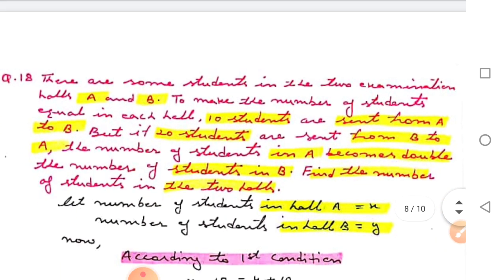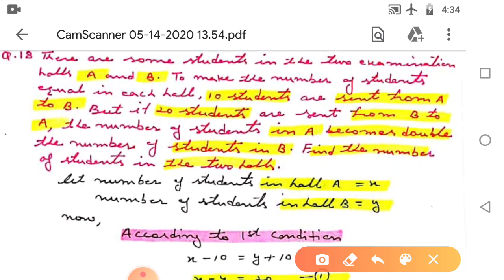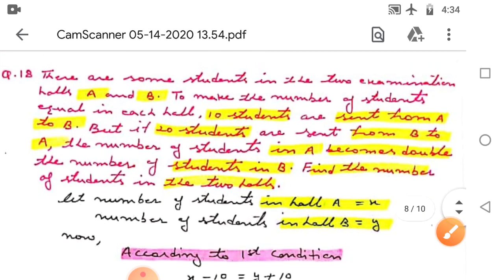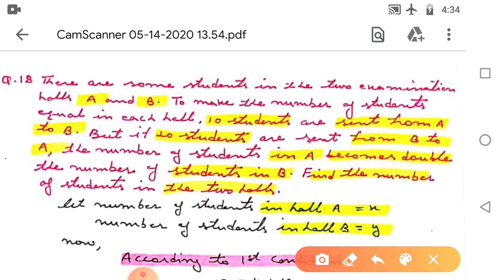Now come to question number 18. There are some students in the two examination halls A and B. Clear? We have two examination halls A and B. To make the number of students equal in each hall, 10 students are sent from A to B. Clear?